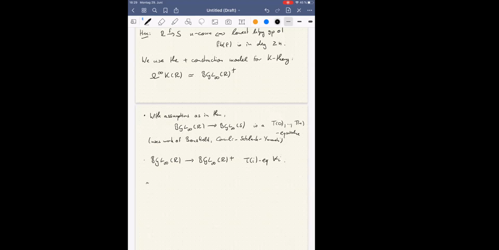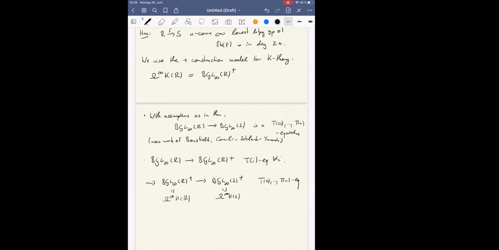So what we obtain from here is that BGL infinity R plus to BGL infinity S plus is a T0 to Tn equivalence.